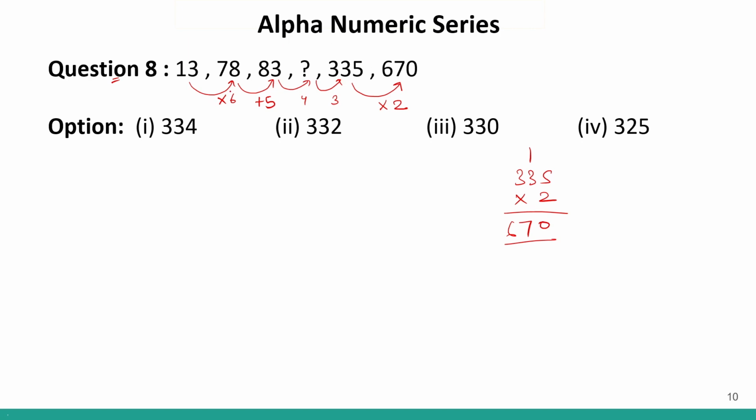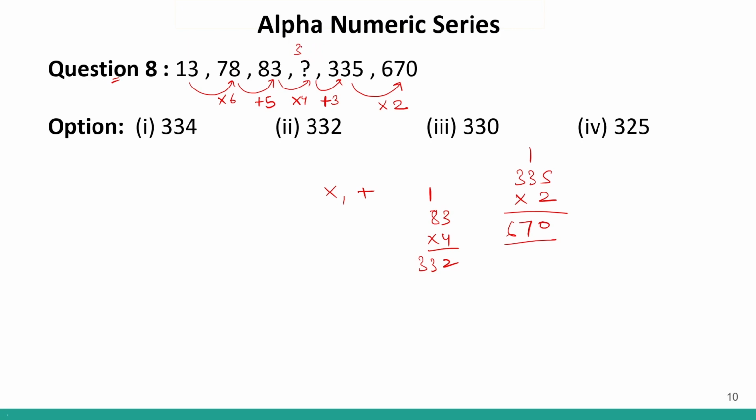Now if I look at the operations, this is multiplication, addition, multiplication. So maybe it is alternating, correct? So next pattern, it is multiplication and addition. This is alternating. So multiplication, addition, next will be multiplication, then addition, and the next one is multiplication. So now let us see. 83 into 4 will give me what? 8 4s are 32 plus 1, 332, correct?